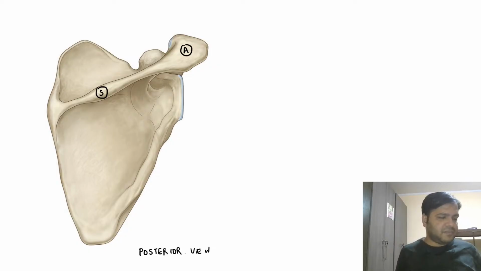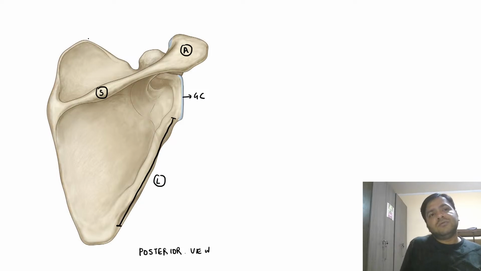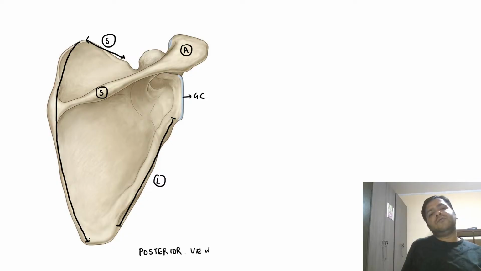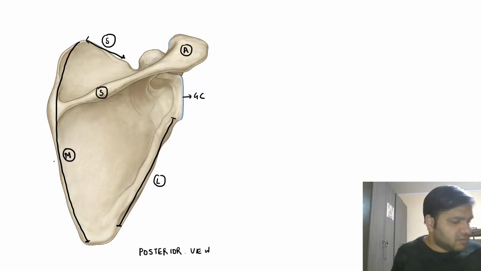Now you can see this is the glenoid cavity, so this one will be the lateral border. The shortest one will be the superior border, and the longest one will be the medial border, right?